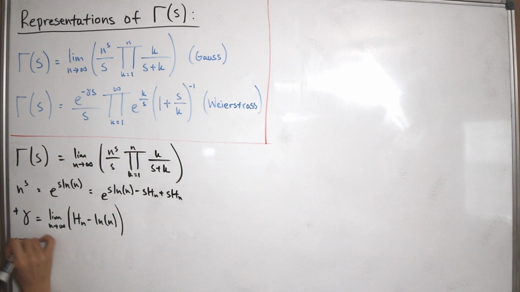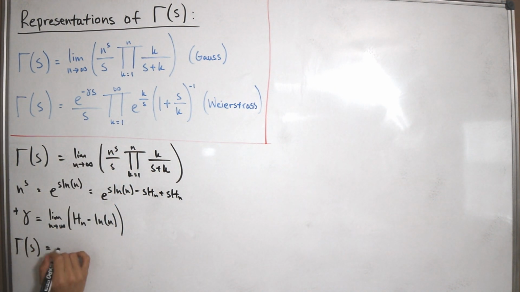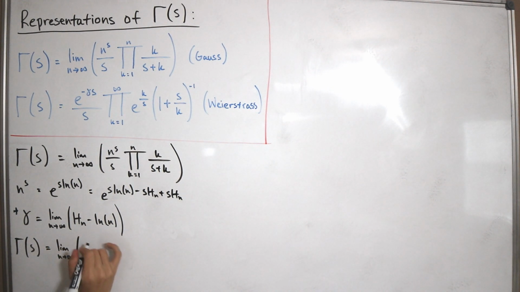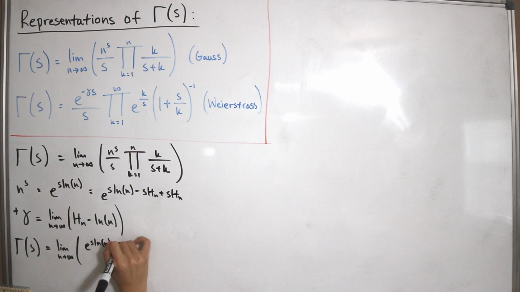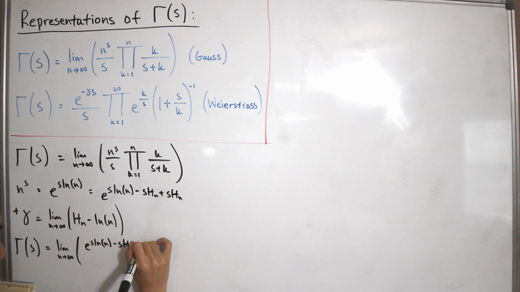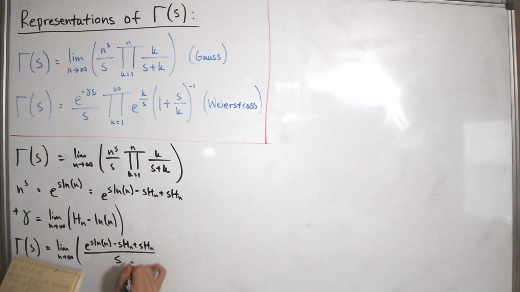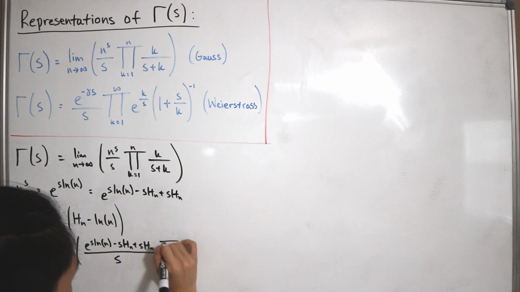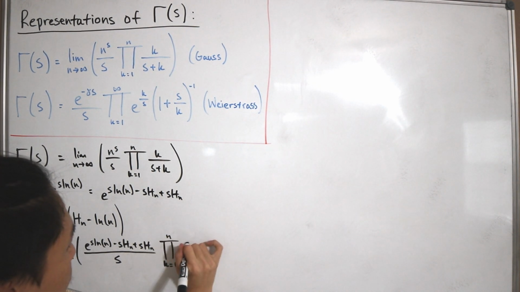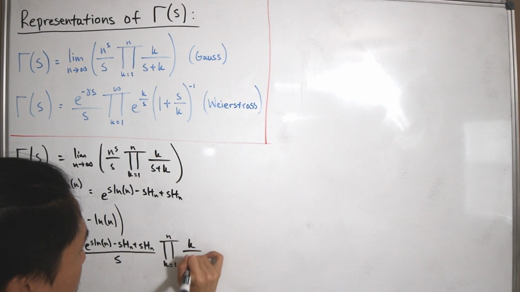So gamma of s so far is the limit as n approaches infinity of e to the power s times ln of n, subtract s h sub n, add s h sub n, all divided by s, and then of course the product series from k equals 1 to n of k divided by s plus k.